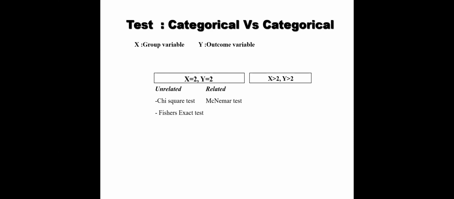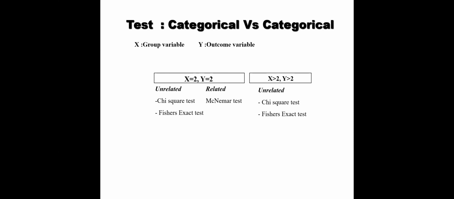Means if we are giving some exercise training to obese women, and after 3 months we want to see whether their obese category has changed to normal or moderate BMI, then we can assess by the McNemar test. This is used when paired data is there.